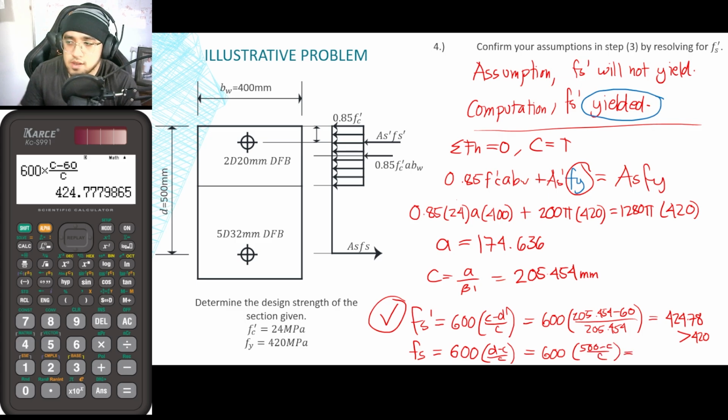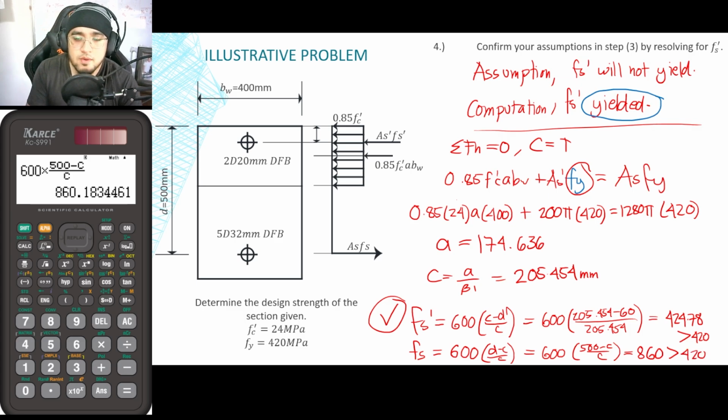Looking at the calculator, d is 500 minus alpha C all over C. So from that, guys, this is now 860. And as you can see, 860 is really greater than 420, meaning that it has really yielded.